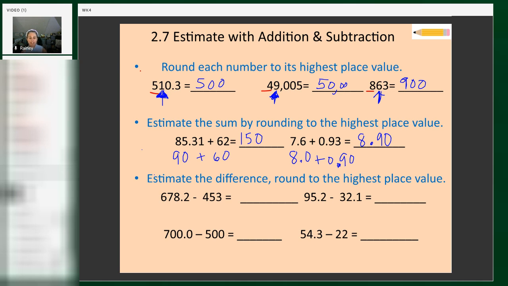Okay. Next thing, same thing, round to the highest place value, and then subtract or find the difference. It's really easy when you are rounding to the highest number. I just wrote the numbers underneath so you don't have to. Weird, we don't have to round anything on that one.